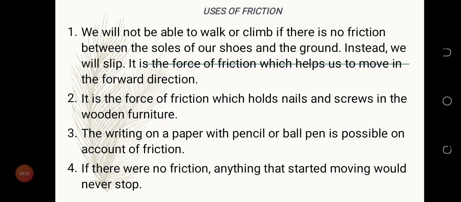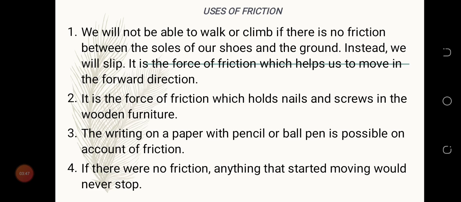Uses of friction. 1. We will not be able to walk or climb if there is no friction between the soles of our shoes and the ground. Instead, we will slip. It is the force of friction which helps us to move in the forward direction. 2.